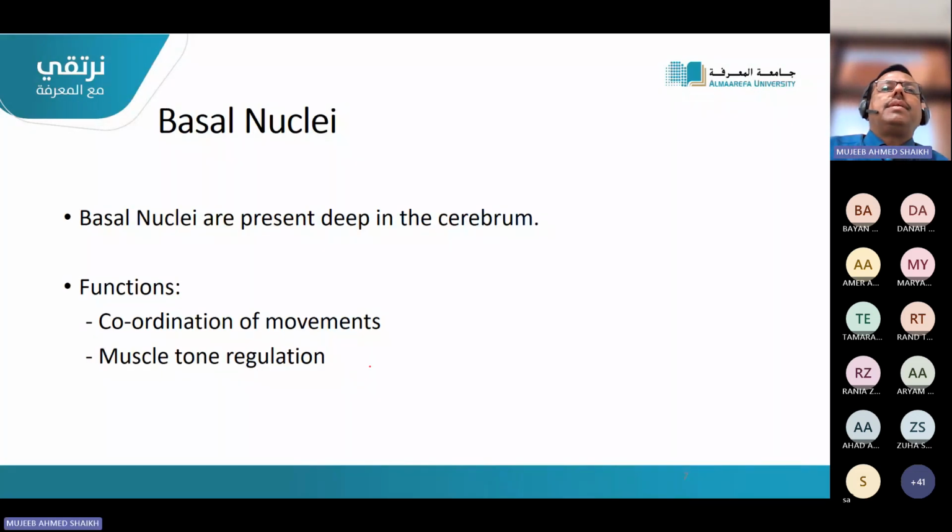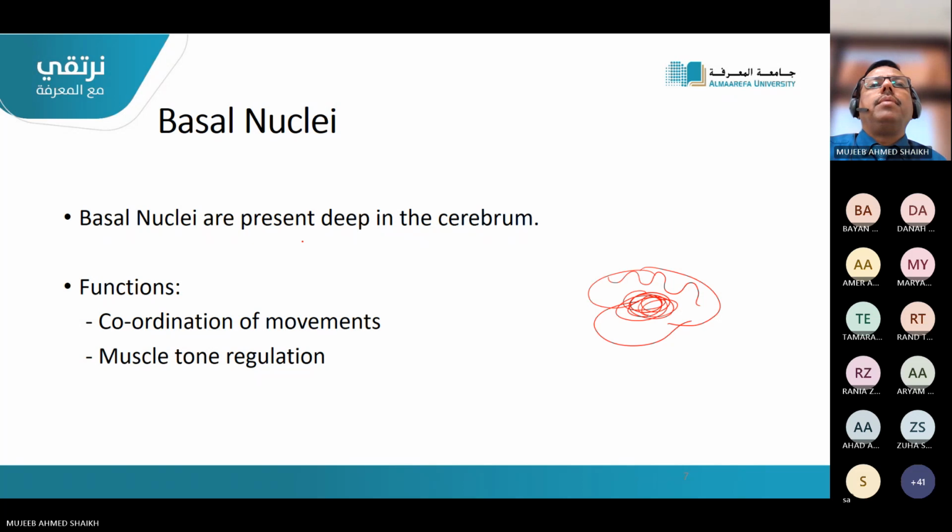And the basal nuclei are present deep in the cerebrum, within the cerebrum, deeper down. So there is folding here, but in the center, there are basal nuclei. What is the function of basal nuclei? It is to coordinate the movement and to regulate the muscle tone.